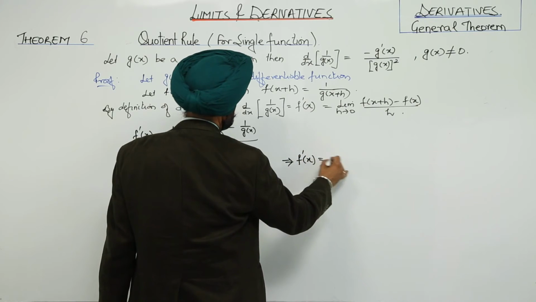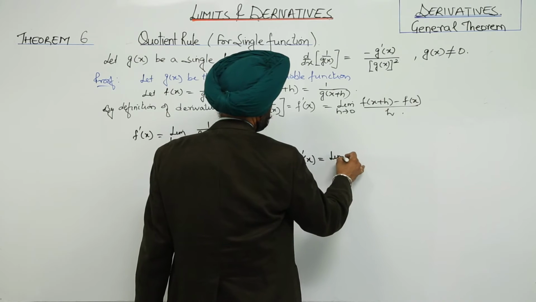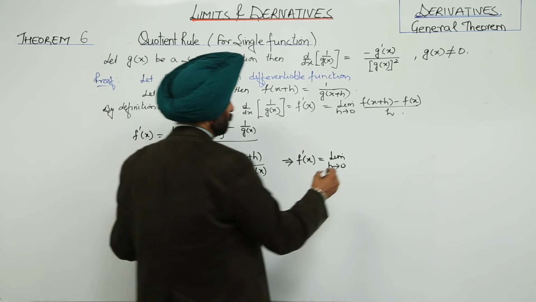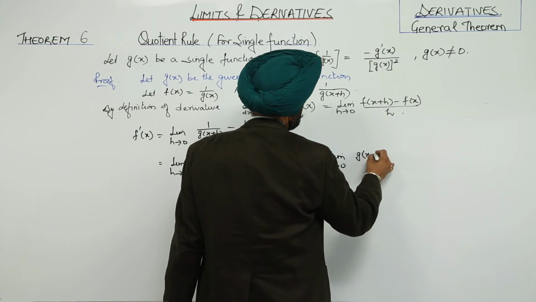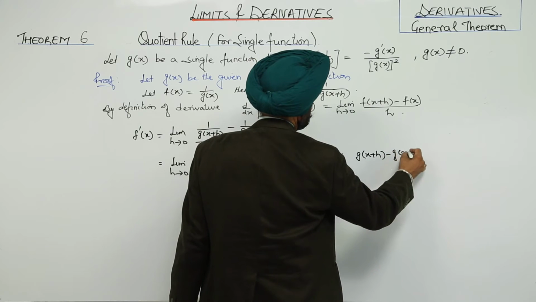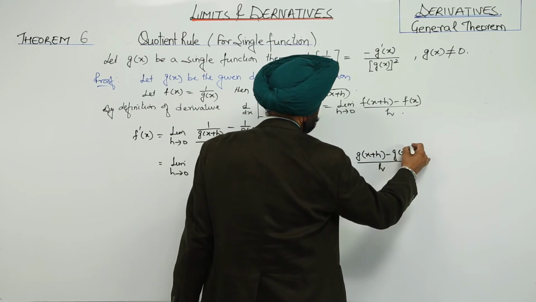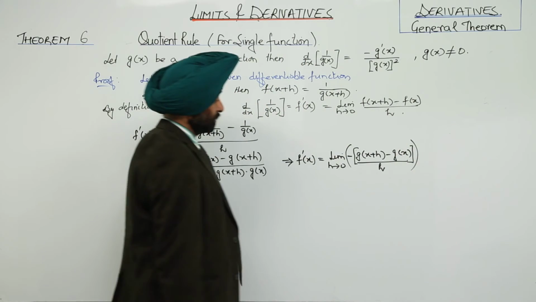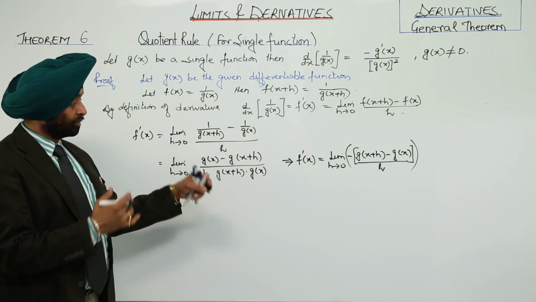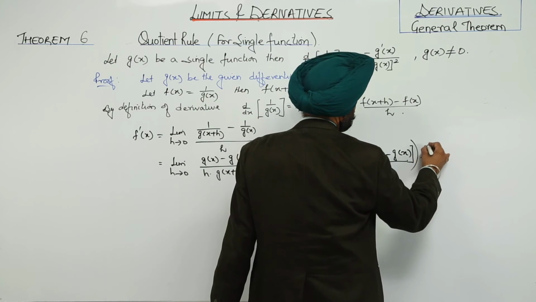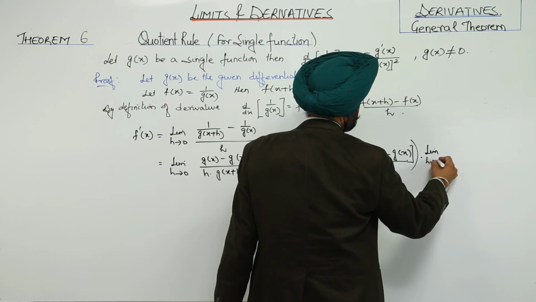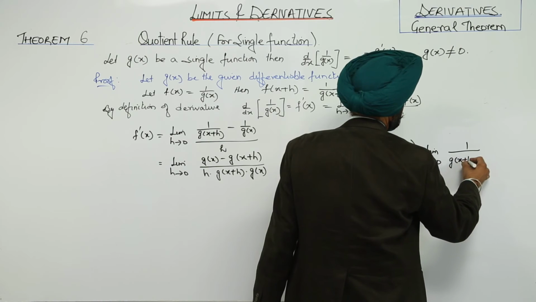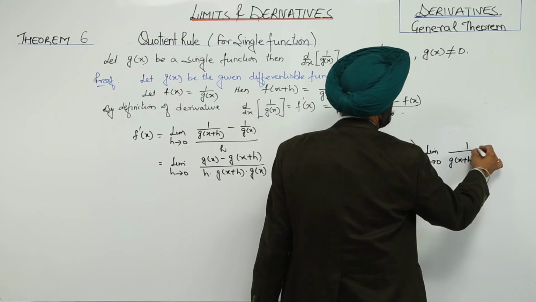Okay, so what can we write now? f derivative x is equal to limit h approaches to 0, g(x plus h) minus g(x) upon h, and this whole with the negative part, like this, because I have just altered the terms, times limit h approaches to 0, 1 upon g(x plus h) g(x).